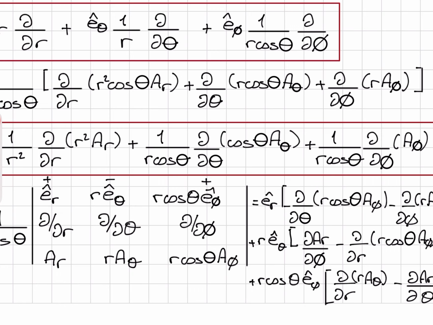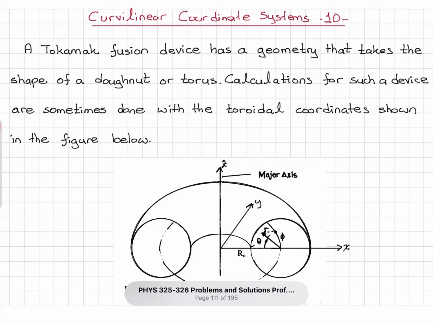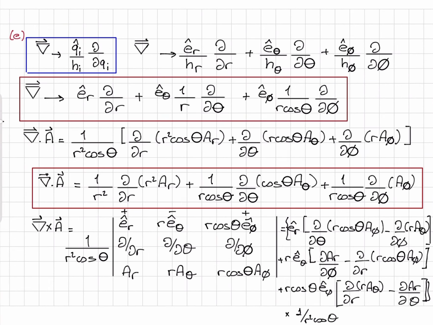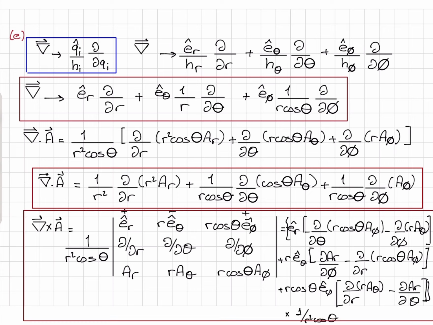For example, for this term, because the theta derivative doesn't affect r, I could write this as 1 over r cosine theta del theta cosine theta a phi, etc. So I can express my answer by saying this is the determinant, and I have to multiply it by 1 over r square cosine theta. So this is one way to write our answer for curl of A.